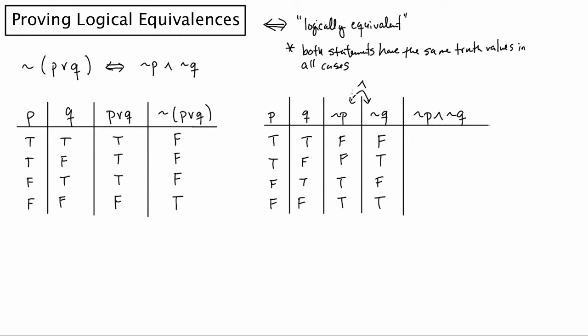So false and false is false, false and true is false. Since it's an AND statement, they both have to be true, which only the last one is. Now what you note is the truth value for this statement matches identically the truth value for this statement. And because of that, these two statements are logically equivalent.